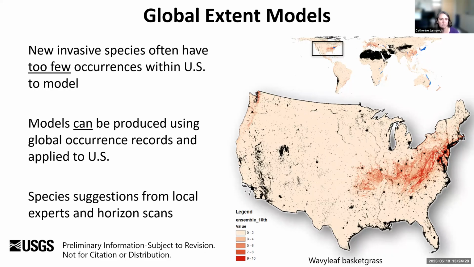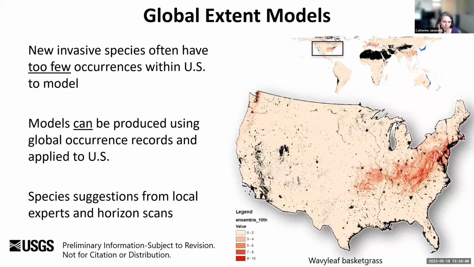We can never fit a good one. So what we're doing instead is producing models using global occurrence records and then applying those to the US. We can create a model like this example one up here and then apply it to the US to get information on potential suitable habitat.